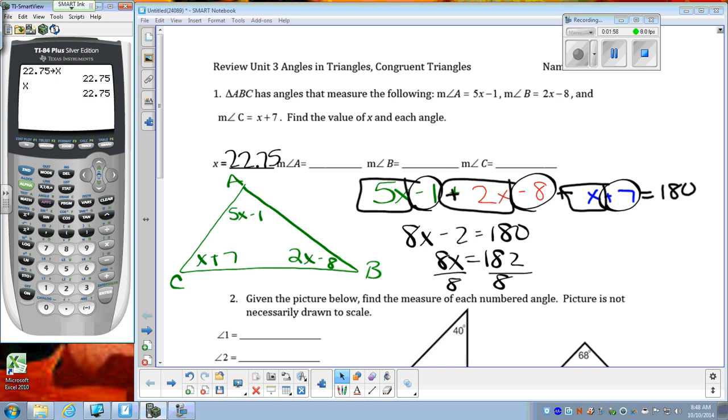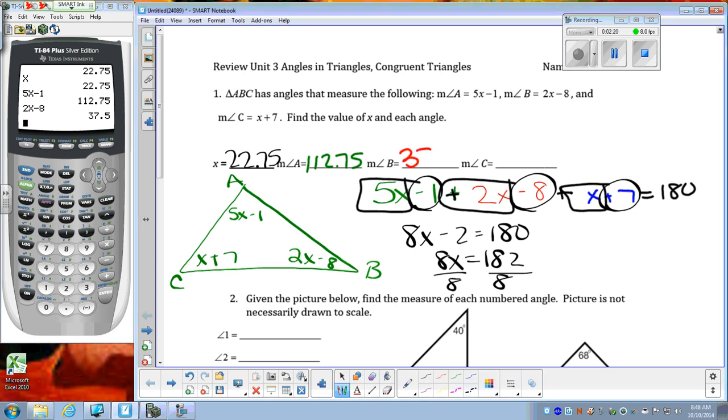So then I'm going to use that to find A. 5x minus 1, and I can use x because the calculator knows x is 22.75. So I know that A is 112.75. B, 2x minus 8: B is 37.5 degrees.